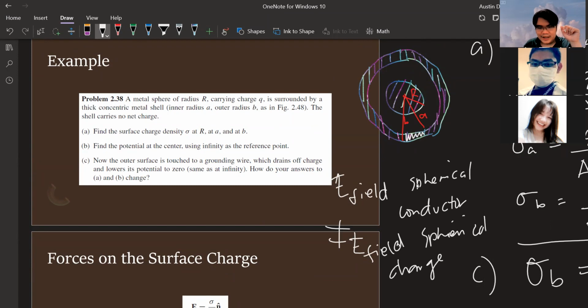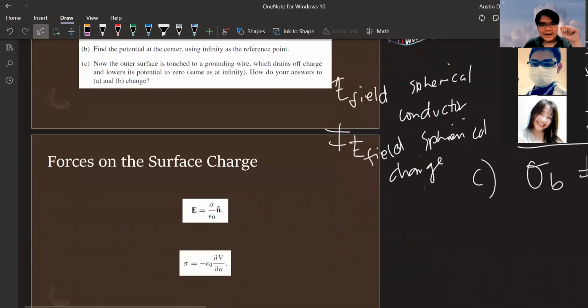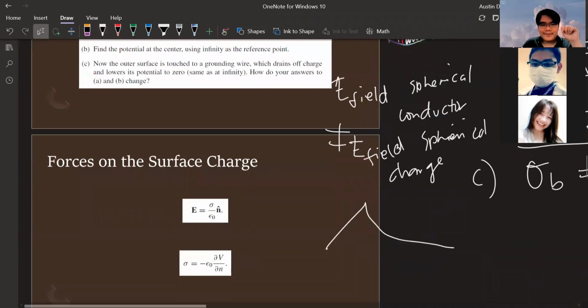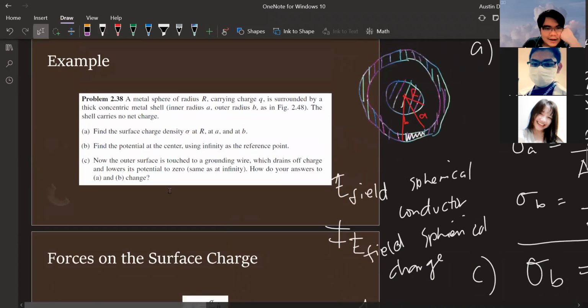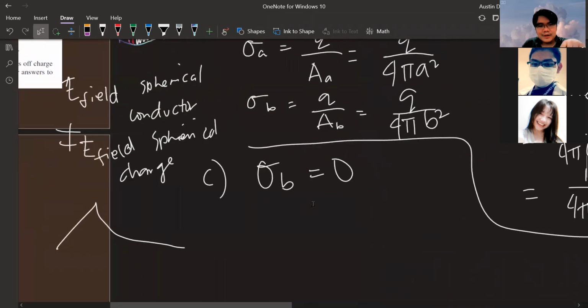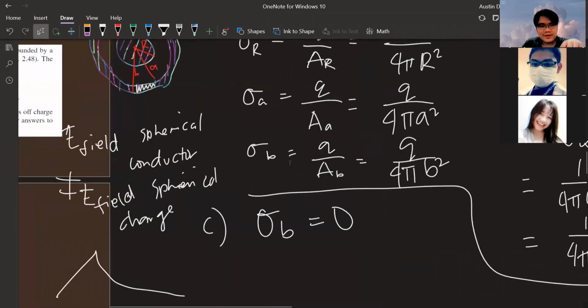Okay. Ito linear yung field sa loob, di ba? Kung naaalala nyo yung ginraph nyo na ganun. Tapos ito, zero inside, kasi conductor na siya. Okay, continuing. So ayan, nag-zero yung sigma mo dun sa kung saan nakatouch yung ground.